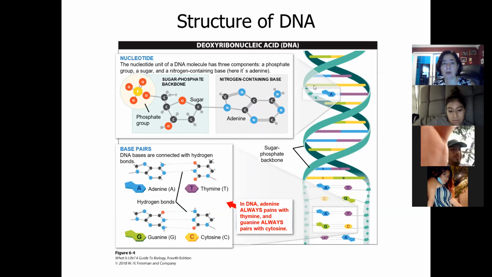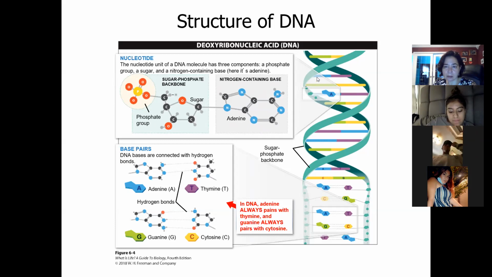The whole entire thing is called a nucleotide, which is made of a nitrogen-containing base, pentose, and phosphate group. And there are 4 bases, right? Nitrogen bases or nucleotides: adenine, thymine, guanine, and cytosine.